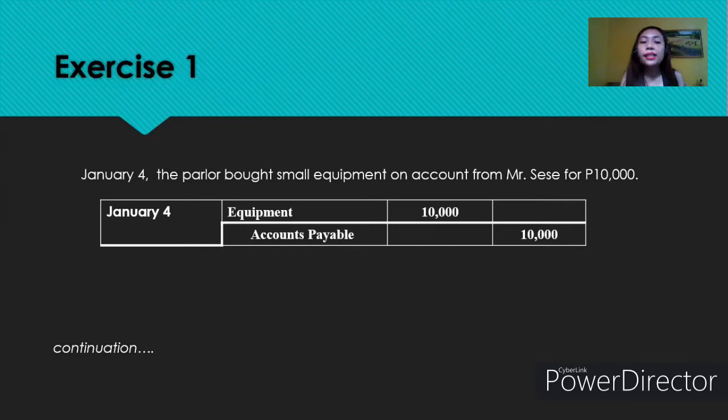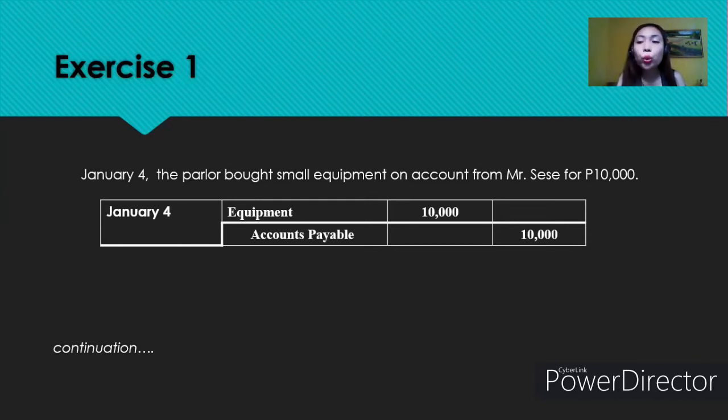Now, since equipment is a part of the asset, the normal balance of it is debit. Because we bought a small equipment, this will be an increase in the equipment account. So what you're going to do is place it on the debit side. Next, because we bought the small equipment on account, definitely it will be a liability for the company.